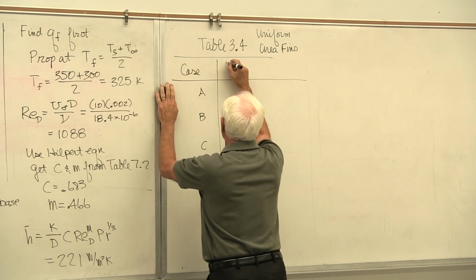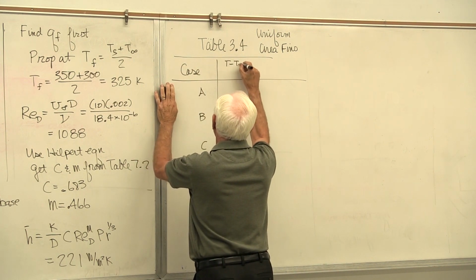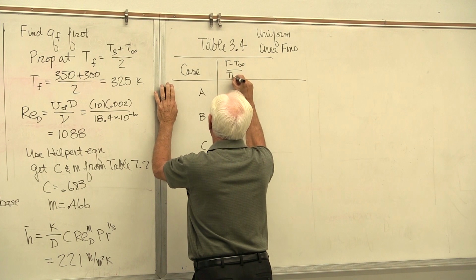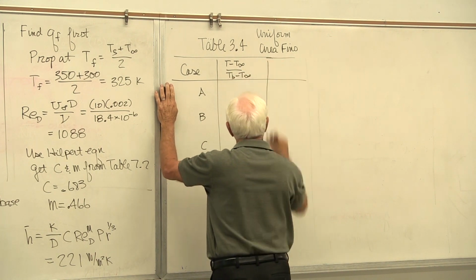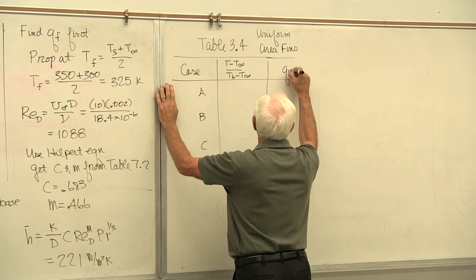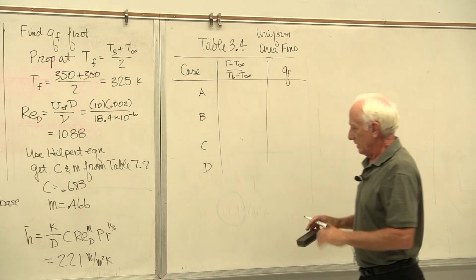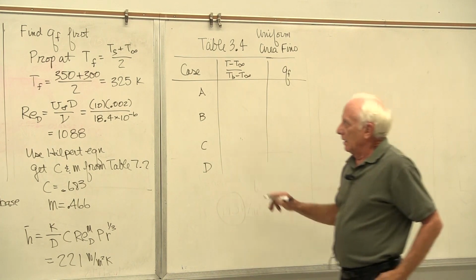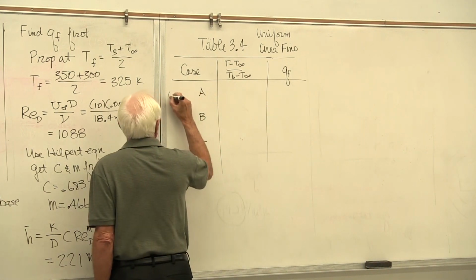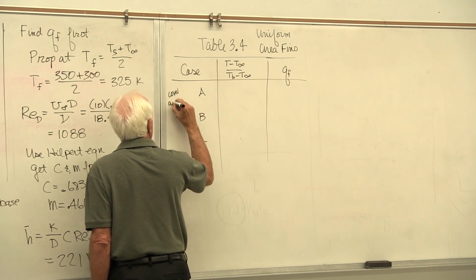There was a temperature, T minus T infinity over T base minus T infinity. And then there was Q fin, heat lost by the fin. I want to find Q lost by the fin. Case A, convection at the tip.